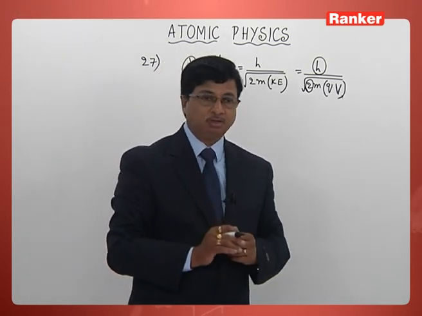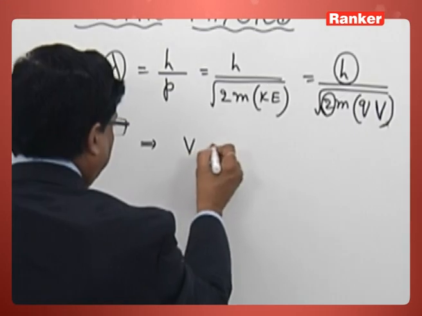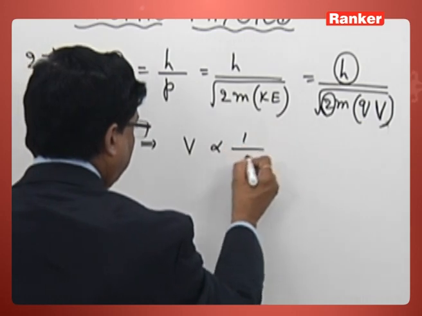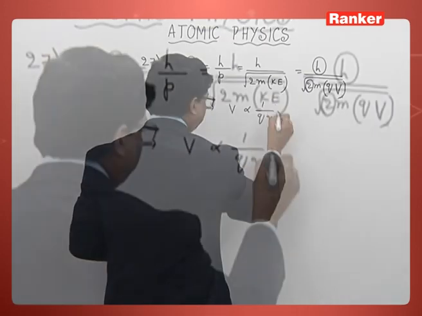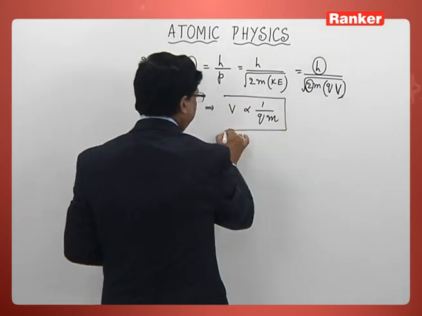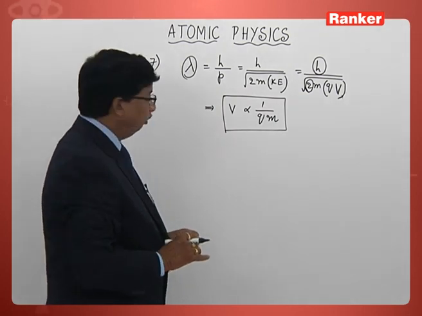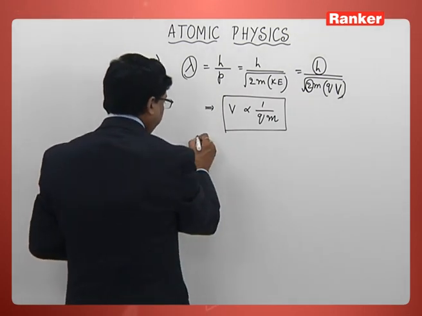That is the concept. So what can we write now? This implies V is inversely proportional to charge into mass of the particle. This is the relation we can directly arrive at by looking at this actual equation. So what can we write now in this case?